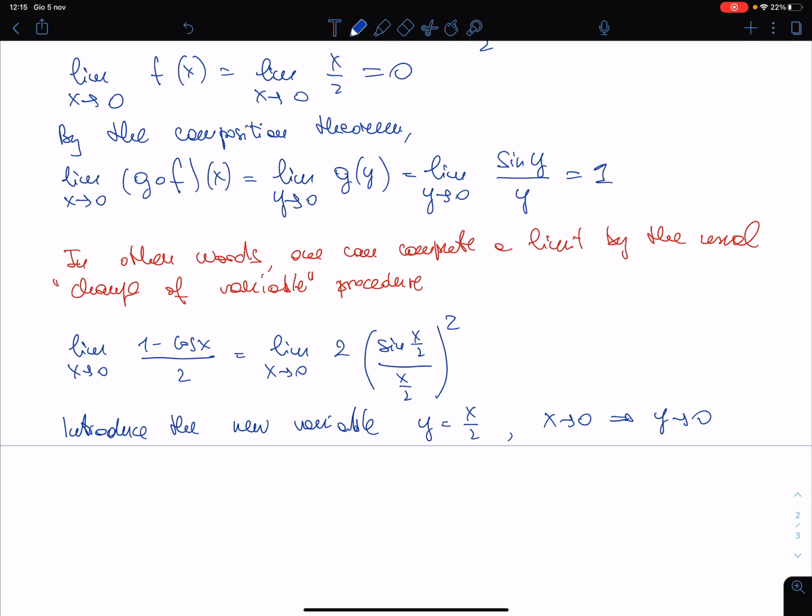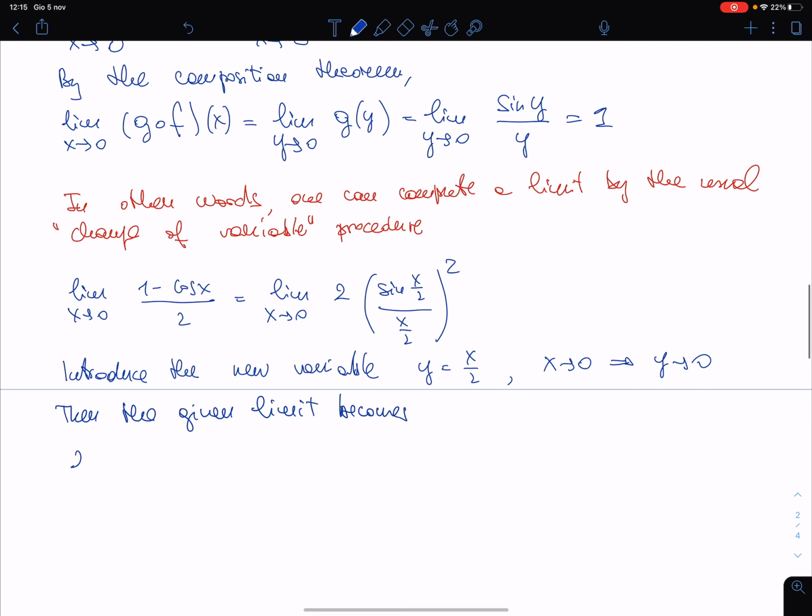So the given limit can be rephrased as the limit for y going to 0 of 2 sine squared of y divided by 4 y squared. Oh, sorry, there is a 4 here, and this is equal to 1/2.